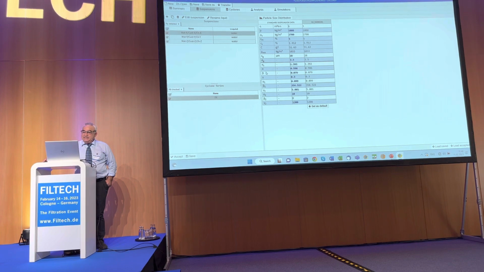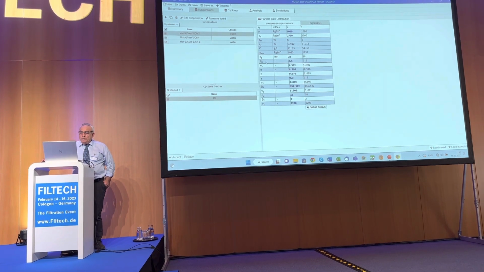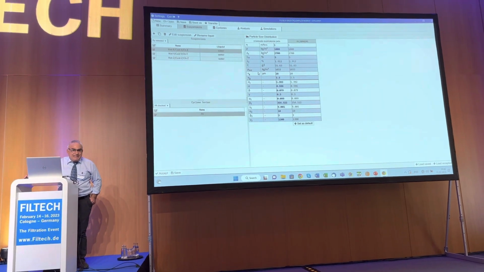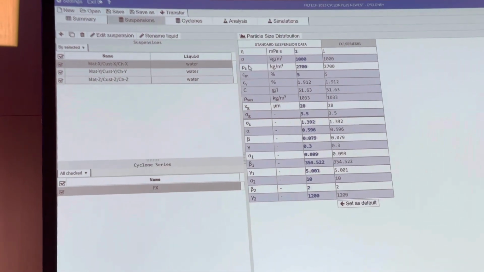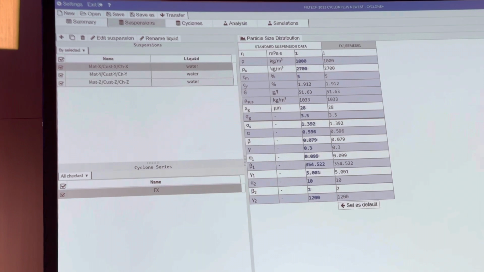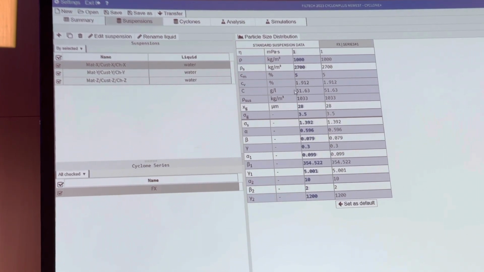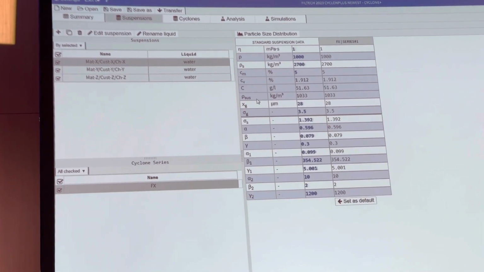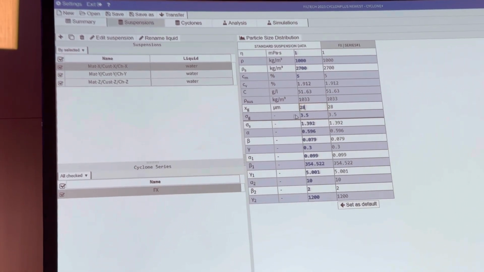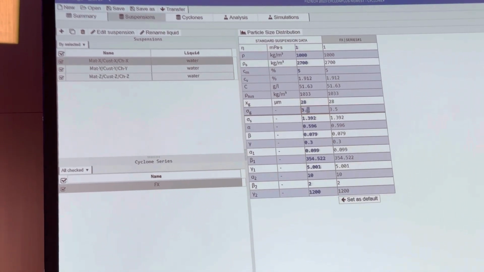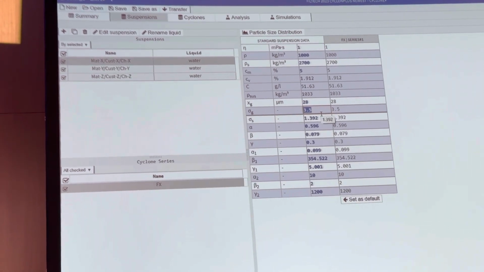And there is a distinction here, one group is suspension characterizing parameters like viscosity, densities of liquid and solids, solids mass fraction, that is here. Black are calculated parameters, only blue are inputs, and here is the mean for the particle size distribution, and here is the standard deviation.